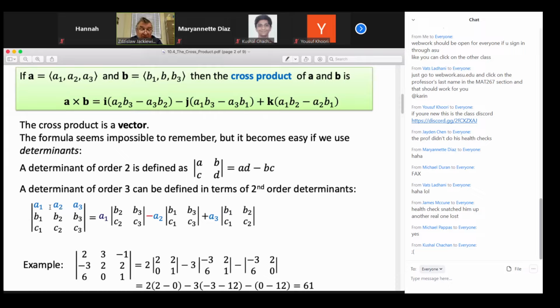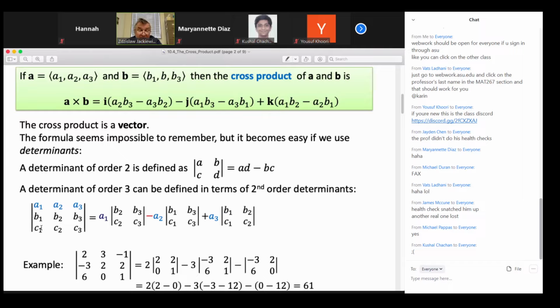The first row is A1, A2, A3, B1, B2, B3 is the second row, C1, C2, C3 is the third row. And what is it? Well, it's A1 times the determinant you get if you get rid of this and this. So A1 times this determinant. Minus, so it's plus minus, A2 times the determinant you get if you cross this and this.